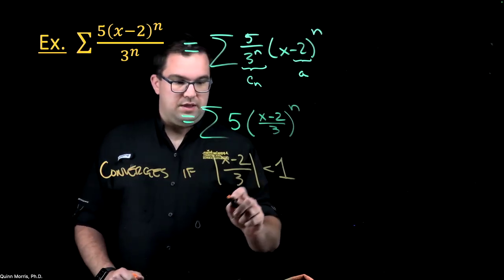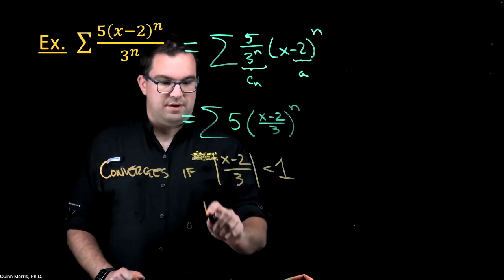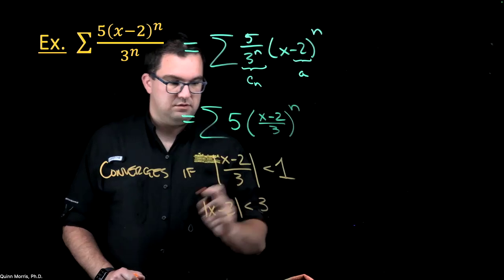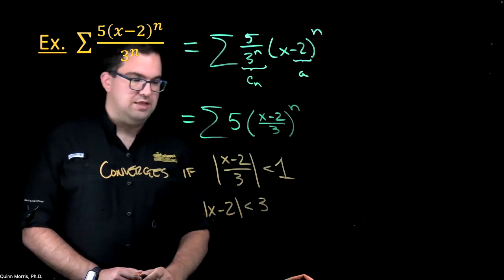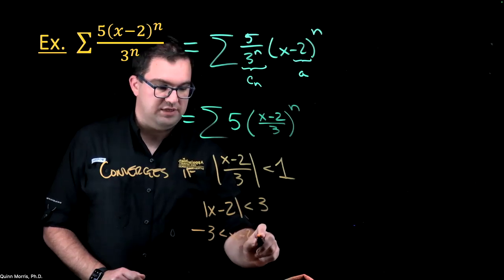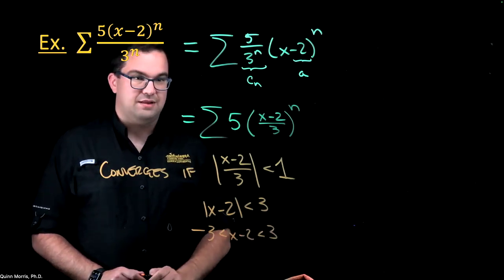So here, if I multiply both sides by 3, this is the same as saying the absolute value of x minus 2 is less than 3. That's the same as saying x minus 2 is between -3 and 3.